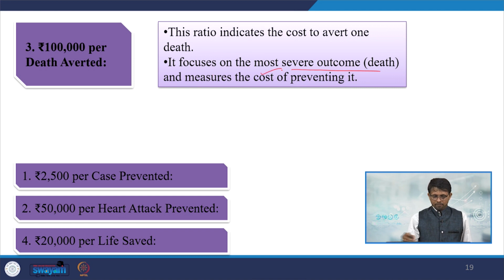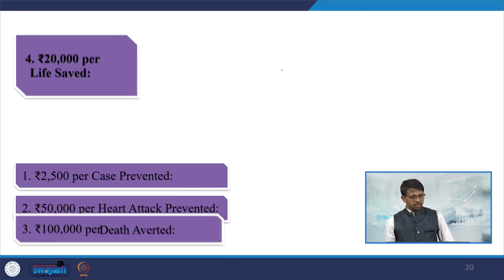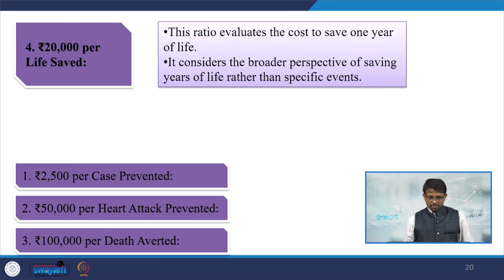And the last one is 20,000 rupees per life year saved. This evaluates the cost to save 1 year of life. It considers the broader perspective of saving years of life rather than specific events.